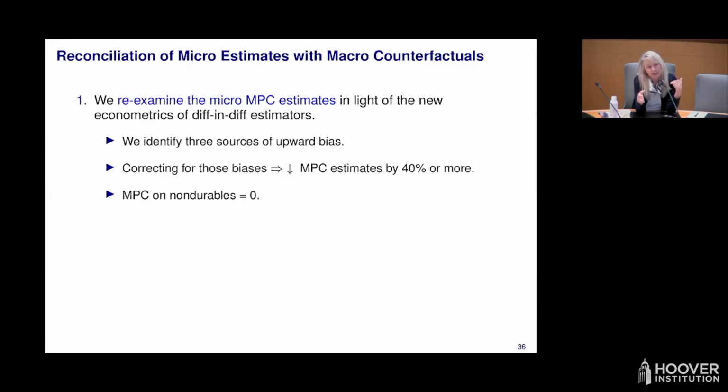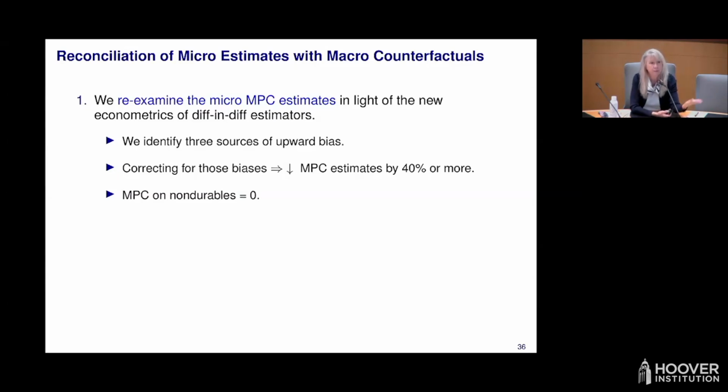So we used some of theirs, plus we found other sources of biases and used the latest econometric techniques, including our own. And when we correct for those biases, the MPC decreases by 40% or more, all right? So here's a case where they were doing everything right, given the state of knowledge when they wrote that paper.